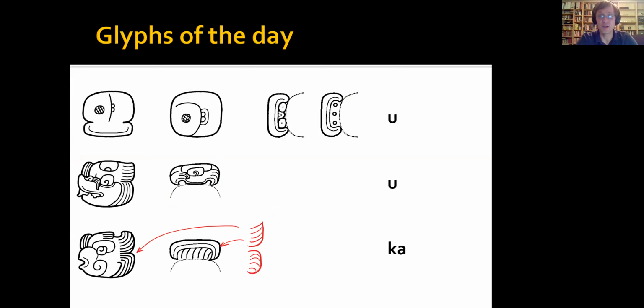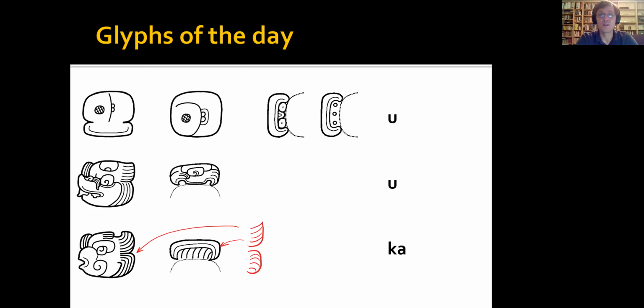Also, from this day on, I will start our class meetings with introducing a couple of what I would call glyphs of the day. So hopefully, if you so wish, you'll be able to build up a vocabulary or a small inventory of Maya hieroglyphs that you know. And that would certainly make your life easier when you do your take-home assignments.